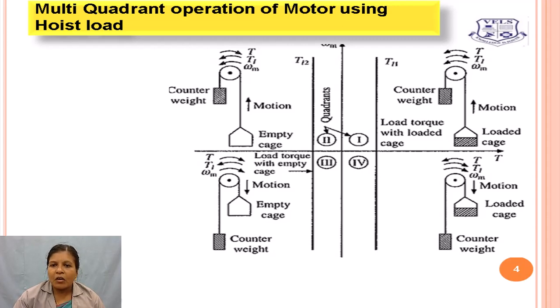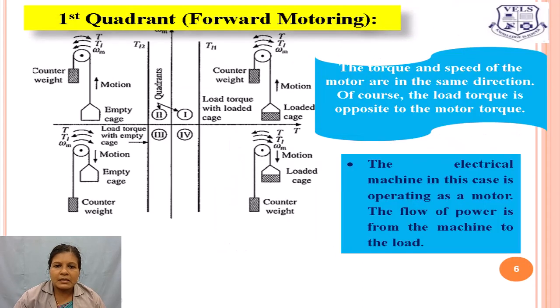In the first quadrant the motion is upward, in the second quadrant also the motion is upward, and in the third and fourth quadrants the motion is downward. So this is the first quadrant.